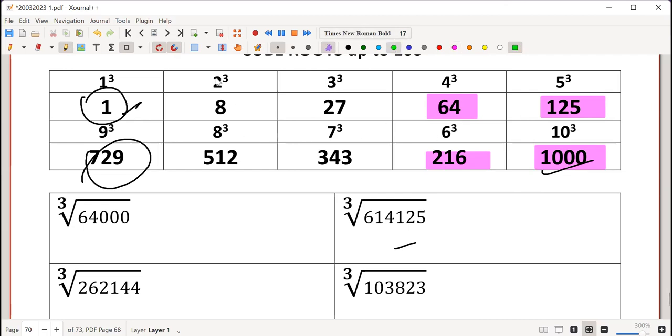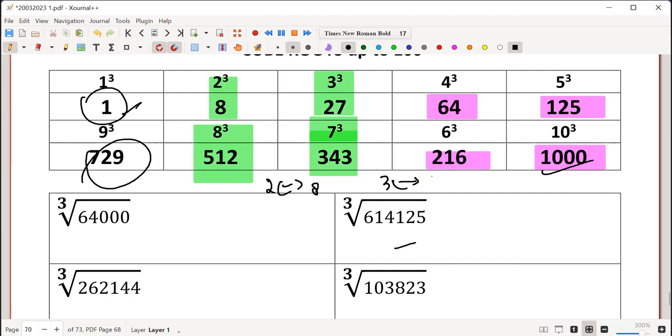Check these. 2 ends in 8, and 8 ends in 2. 3 ends in 7, 7 ends in 3. 2, 8 and 3, 7, everything ending with the same number. Let's go for this. What about this?